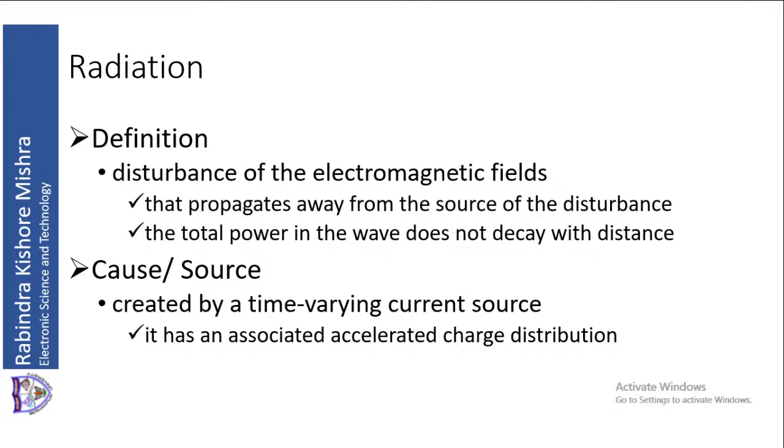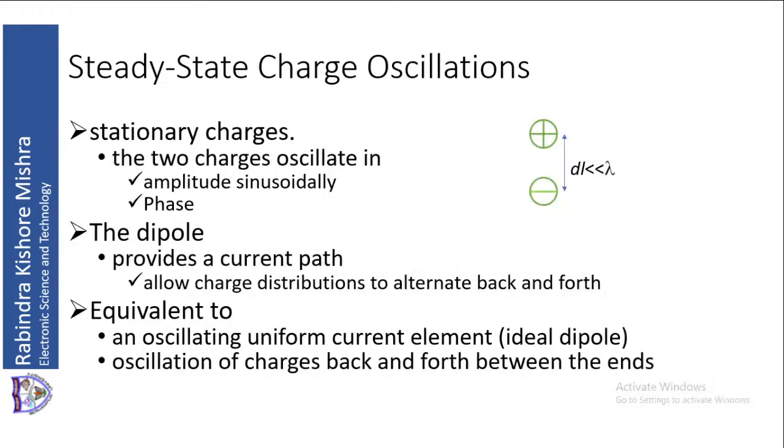Now, what is the cause or source of this disturbance? The source of the disturbance is a time varying current source. If we have a time varying current source, then that will result in creating a disturbance, and a time varying current source is always associated with an accelerated charge.